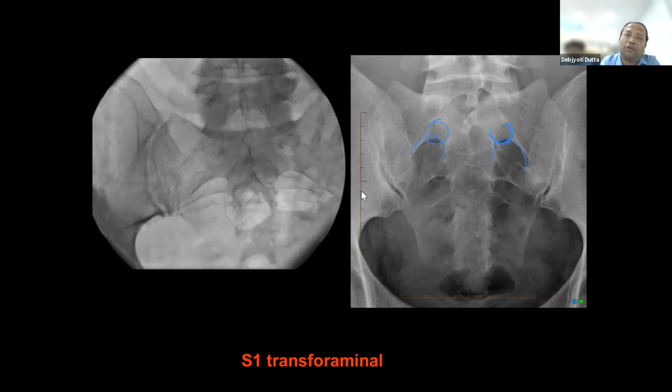Of course, if we put the injection in this part, then also you will be able to give the injection. But we always try to position our X-ray in such a way that both the foramens come in one line, and at least this part is in one line. We will target this area.